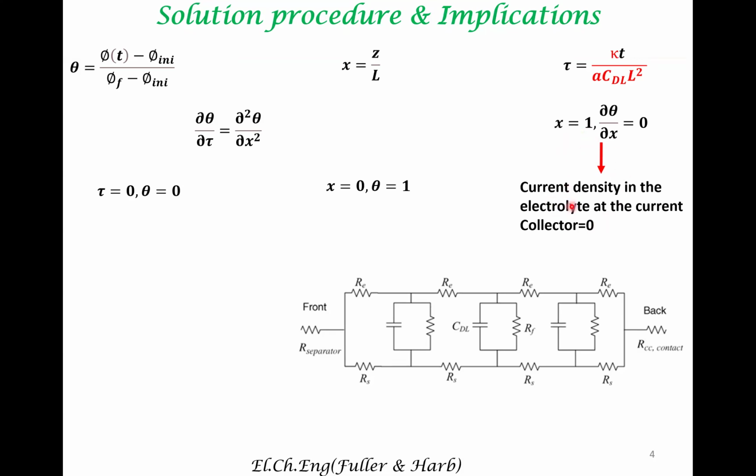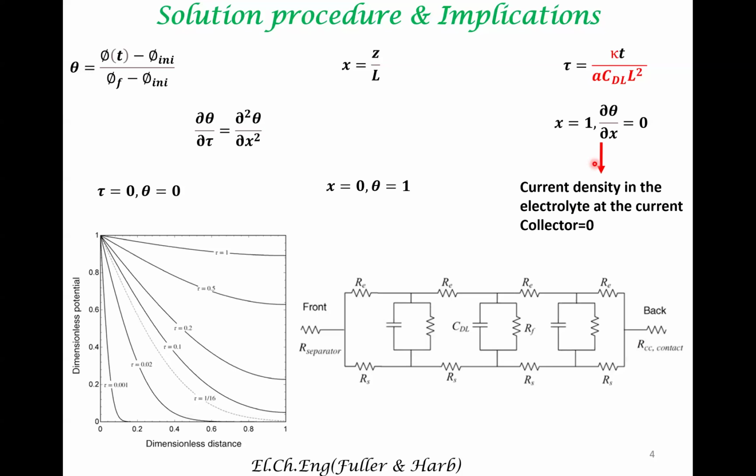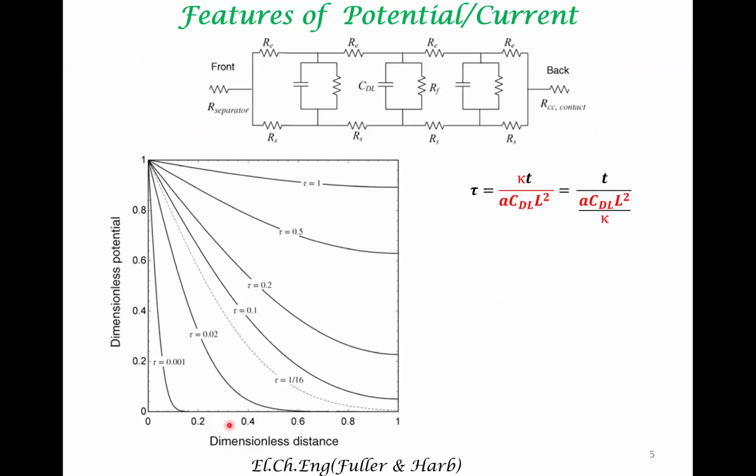So please refer to those lectures to get a better physical insight on this boundary condition. Putting all these things together, we will get the solution wherein we are plotting the dimensionless potential against the dimensionless distance. We will look at the features of the solution in this slide.